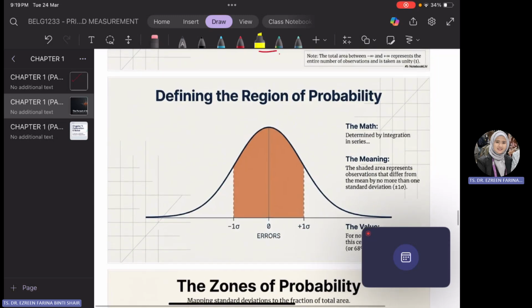Now let's look at the region of probability. The shaded area here is the region of probability. The shaded area represents observations that differ from the mean by no more than one standard deviation.